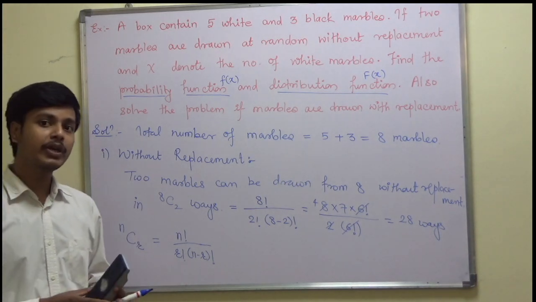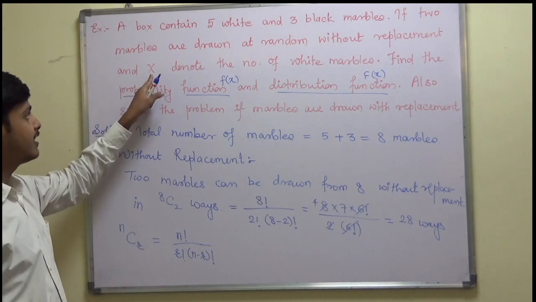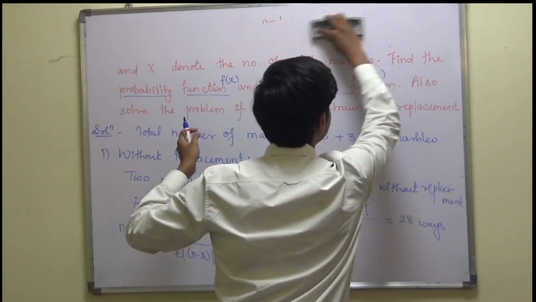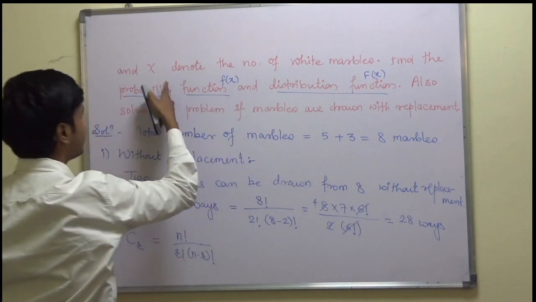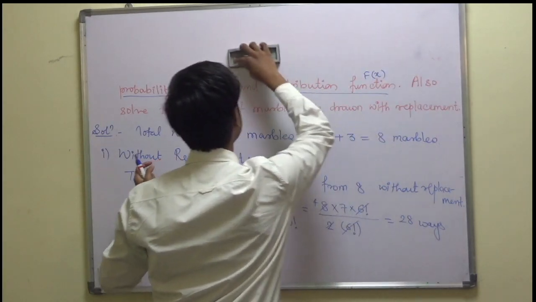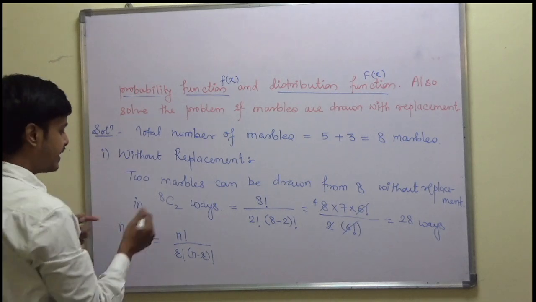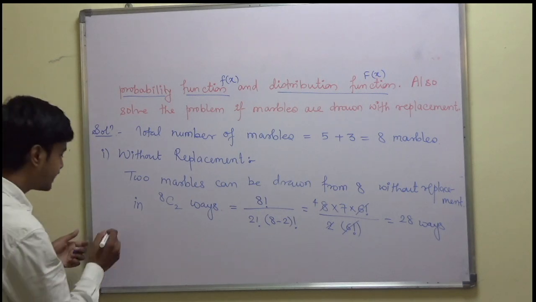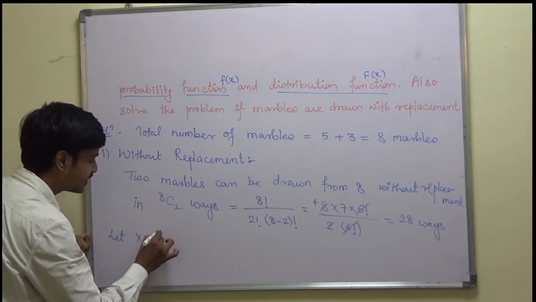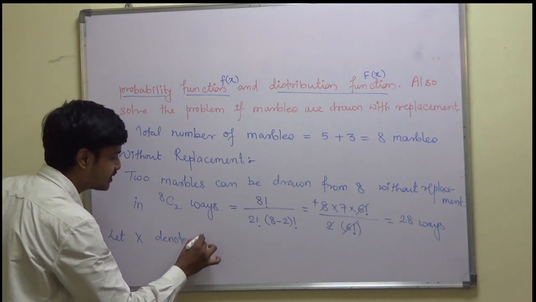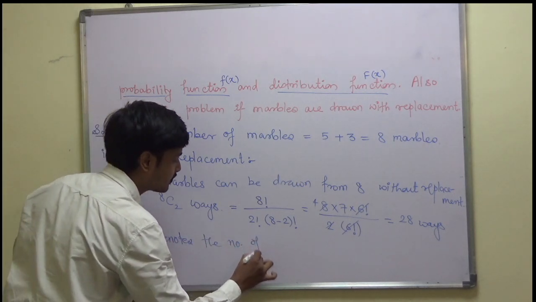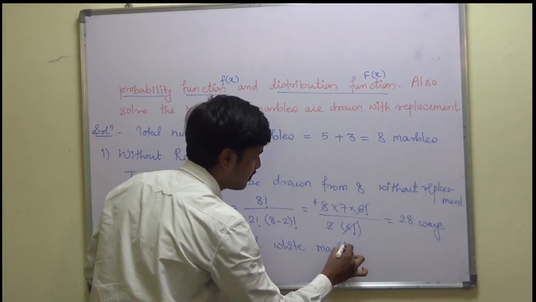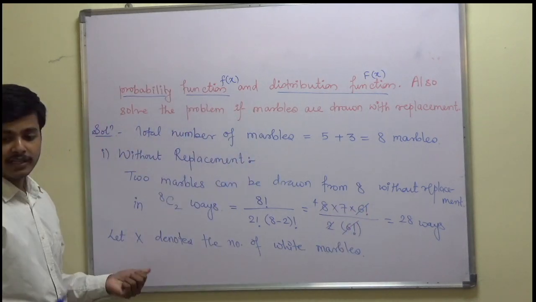Now we are going to define a random variable. Random variables are denoted by a capital letter, and here it is given that x denotes the number of white marbles. So let x denote the number of white marbles. What are the possibilities?